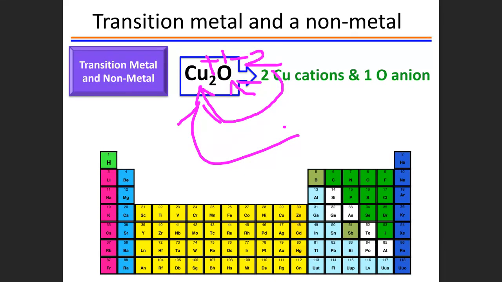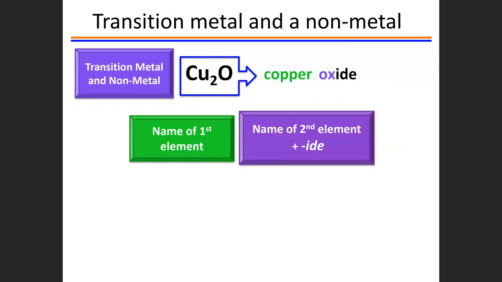So this is Cu plus. So -OUS is the lowest number of electron donation for the transition metal, and the highest number of electrons lost by the transition metal ends with -IC. So that's what we are also going to see now.